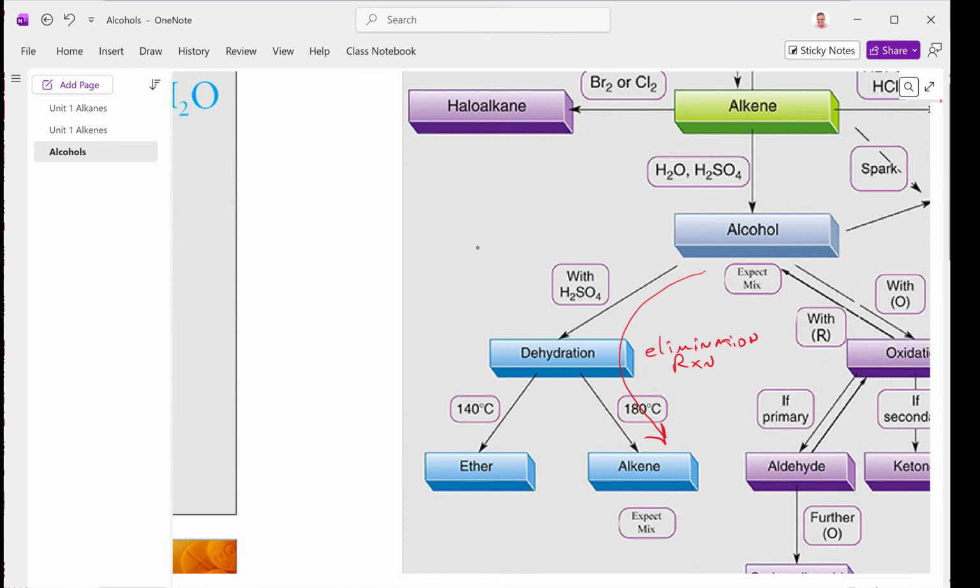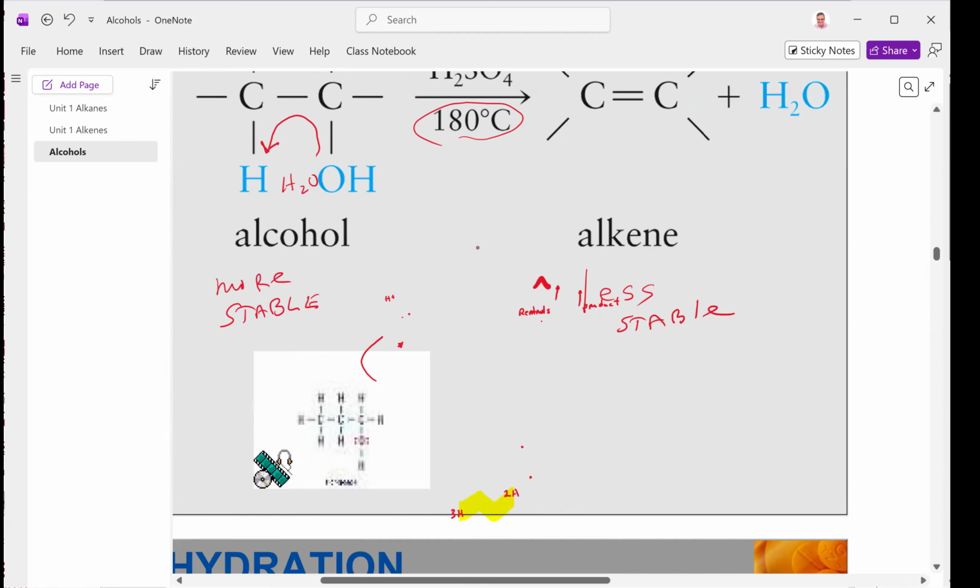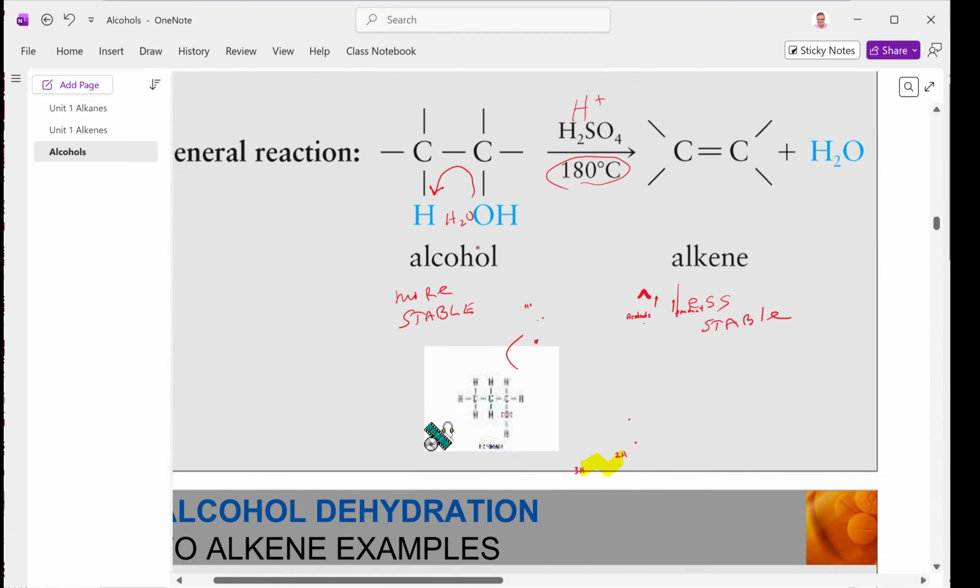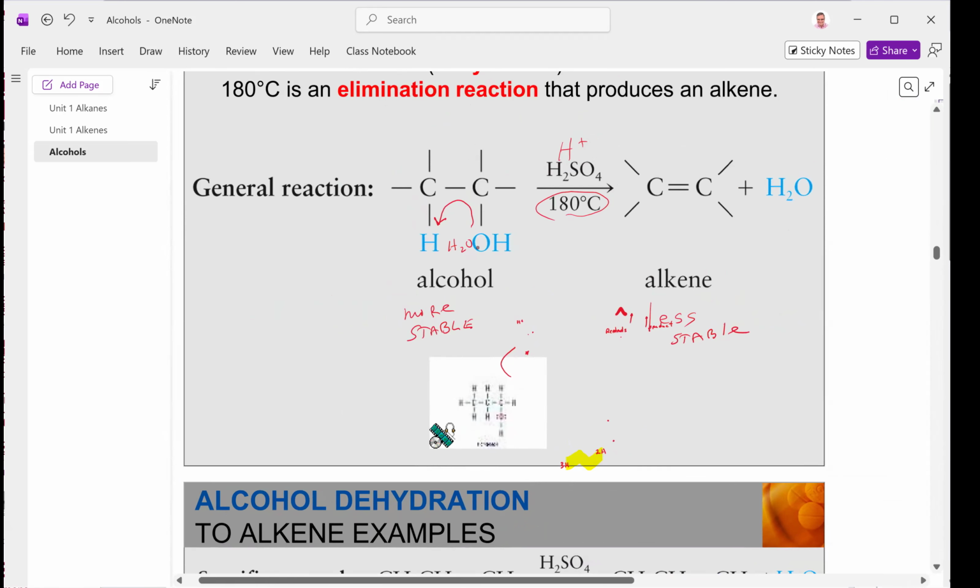Dehydration means you're taking out water. Notice though, there's another process that could happen at lower temperature, 140 instead of 180. Okay, so this is the energy here. That temperature.